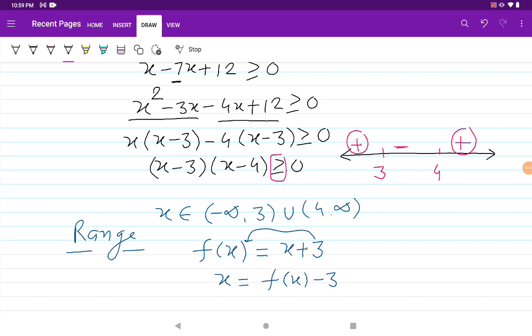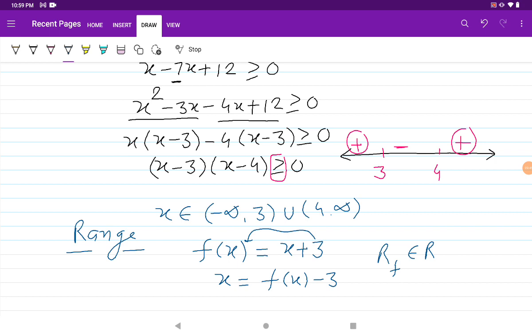Now, if I ask you whether there is any value of f(x) for which this is not defined, there is no such value. You can put any value in place of f(x); x is always defined. So here we can say the range of the function belongs to the real numbers.